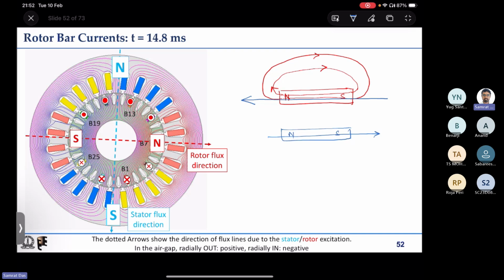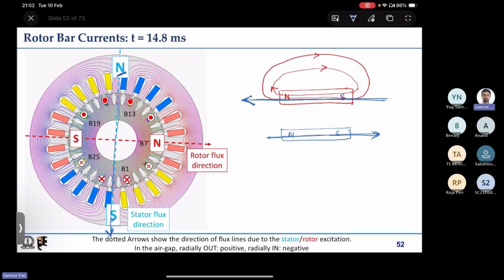Say we choose one of them, then for the other case also we have to stick to that. Now for the stator, this is the north pole and this is the south pole. If we have to assign the field direction, let us take the second one, because that is what we have taken in this case, north to south. So this becomes the stator field direction.